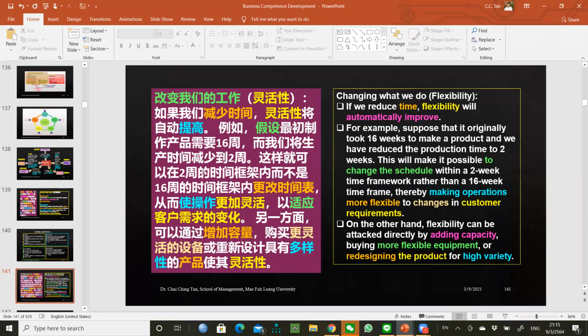So again, I have already talked about operations quality. You can talk about flexibilities. You can talk about other things, right? For example, in flexibility, if you can reduce time, flexibility will automatically improve. Before you touch on operations flexibility, you have to design your process in such a way that it can reduce the time.